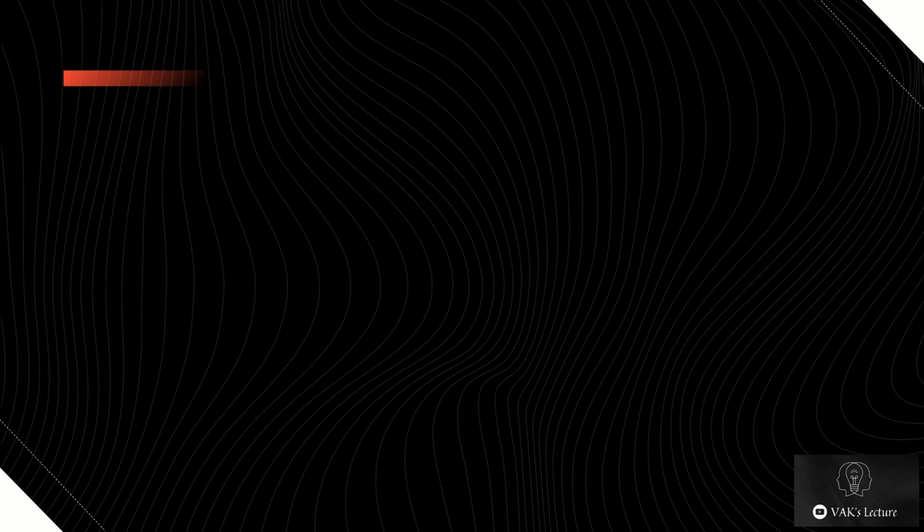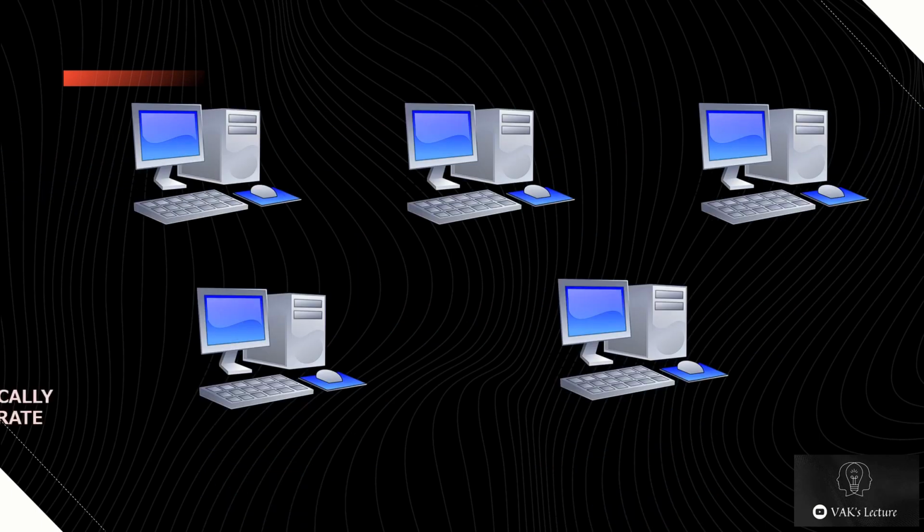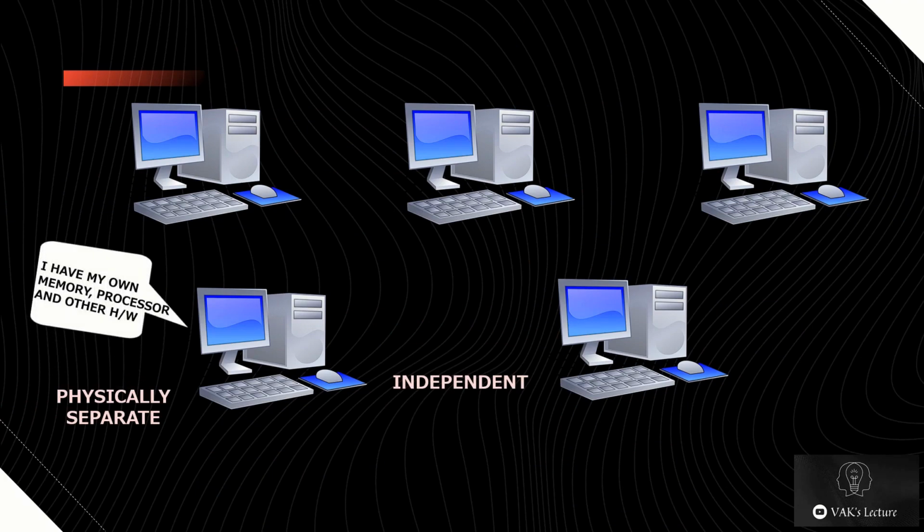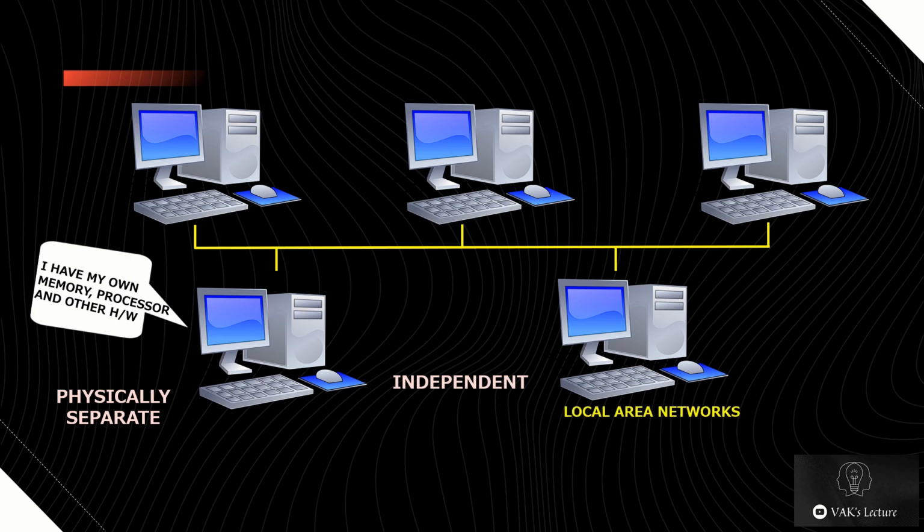So let us say we have separate computational nodes which are independent, which means every individual has its own memory, CPU, etc. And they all are connected with each other through a network. It can be a local area network, or a metropolitan area network, or a wide area network.